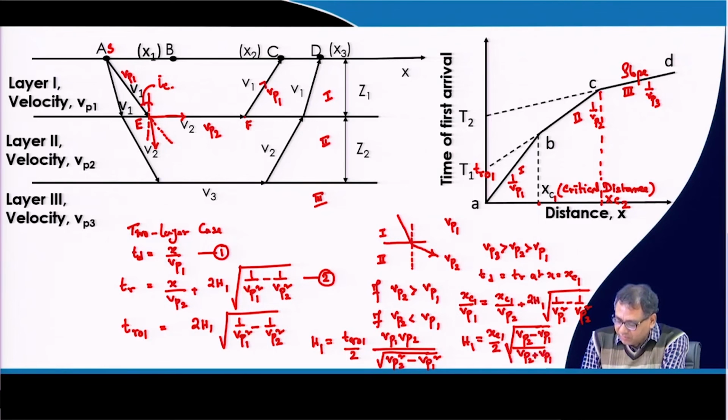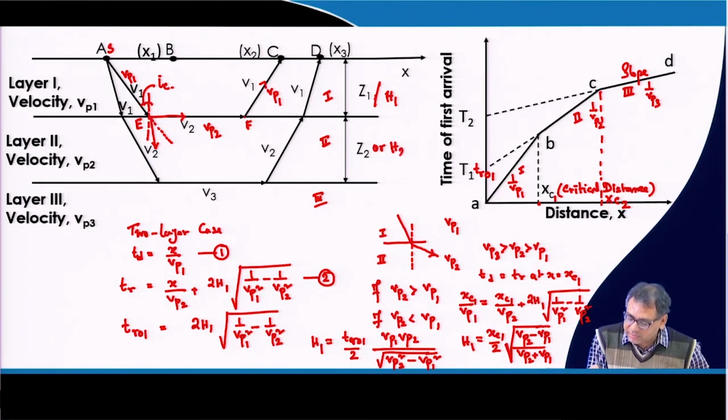So, this is the whole root. Either you can use this expression in terms of Tr01 or you can use xc1. So, both ways you can determine the thickness of the first layer. This h1 is the thickness of the first layer, you can say z1 or h1, and here also z2 or h2.